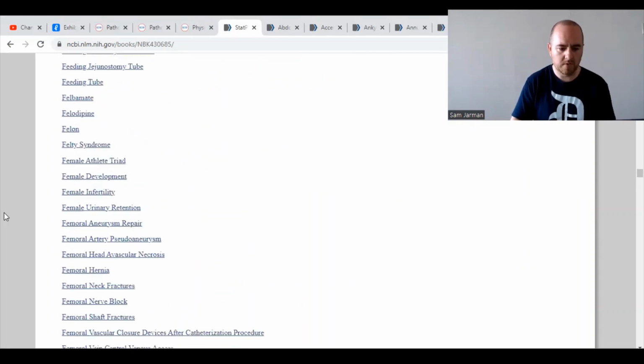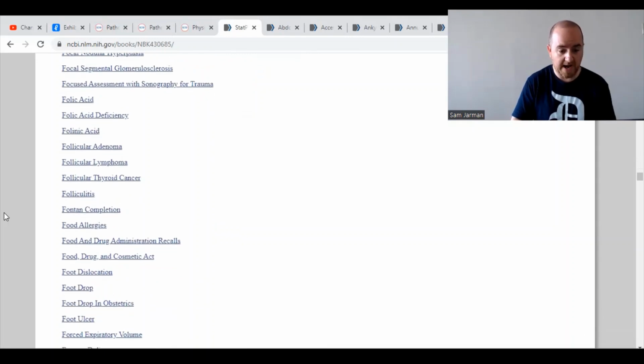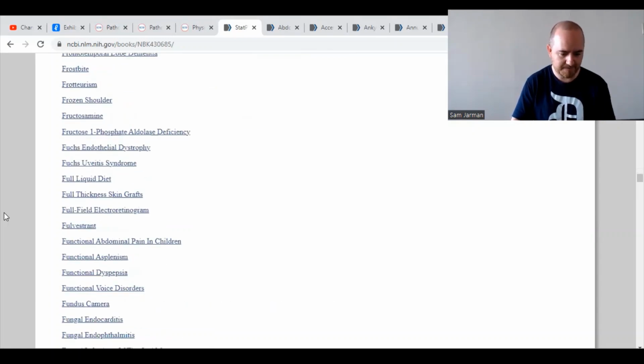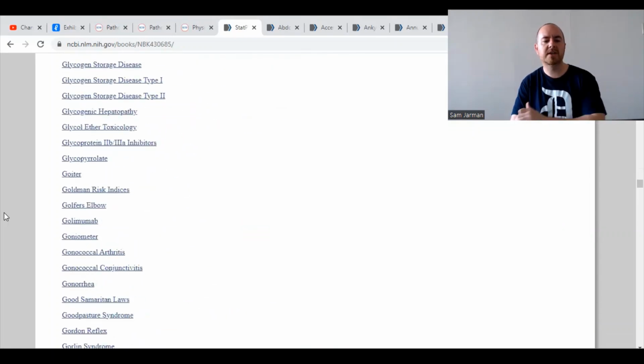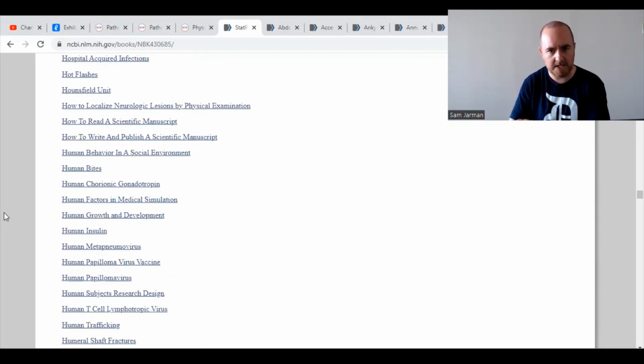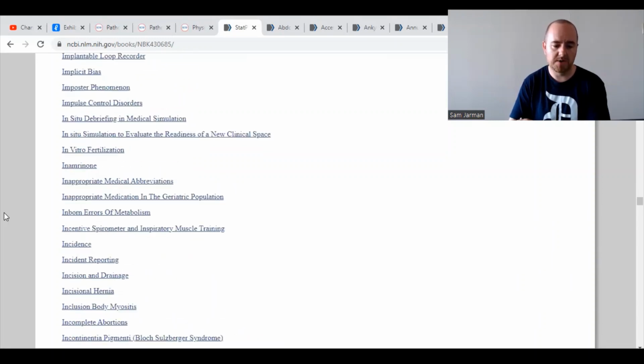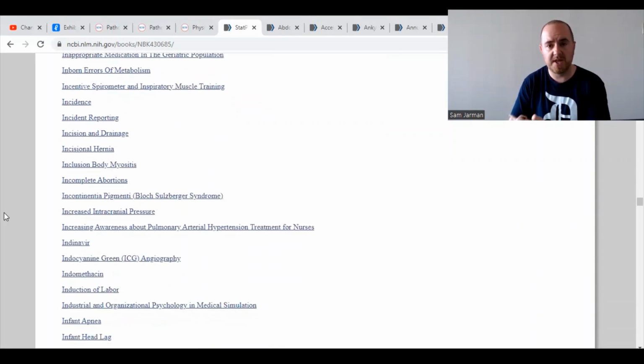Scroll. We're in the F's, I think. Follicular adenoma, follicular lymphoma, follicular thyroid cancer, folliculitis. Scroll. You're starting to get the idea of just how many things are going to relate to the concept of pathophysiology. Any condition, any named disease will then have some form of pathophysiology. So now we've scrolled a bunch.